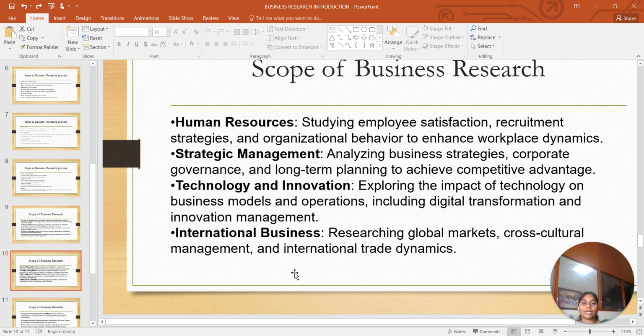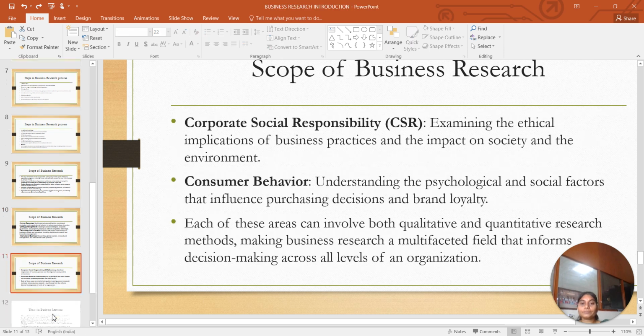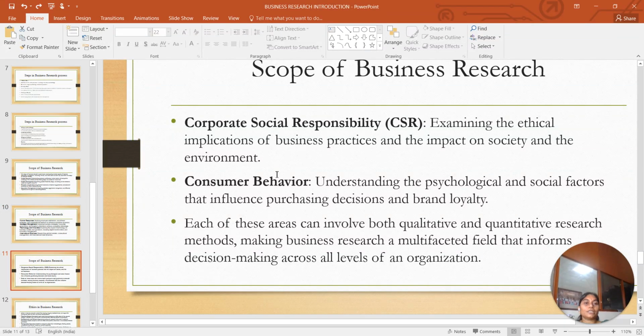and innovation management. And international business research always gives us the global market opportunities, cross-culture management, and international trade dynamics. In corporate social responsibility, examine the ethical implications of the business practices and the impact on the society and the environment.